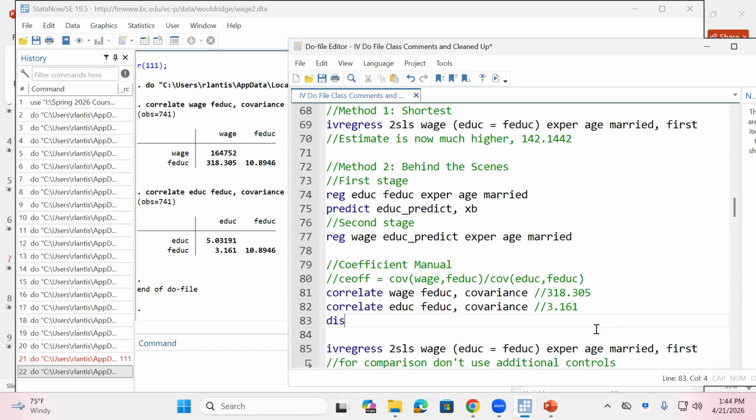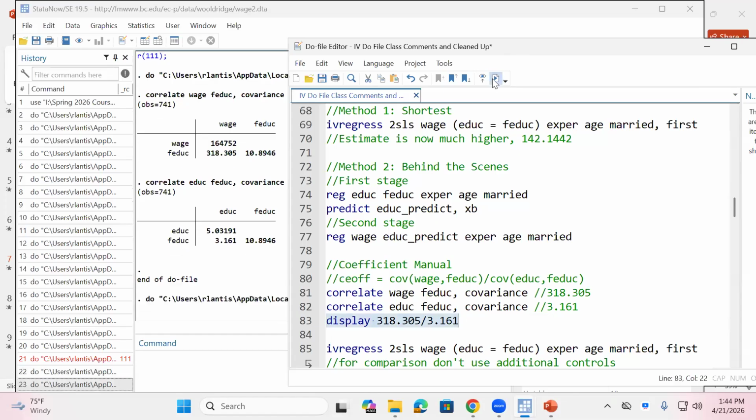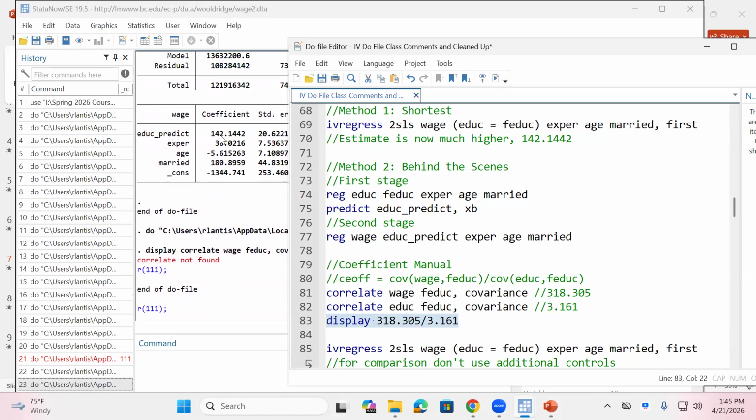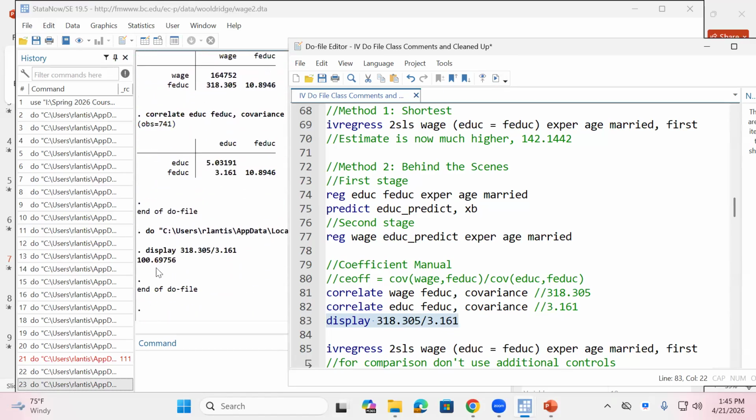To get that coefficient, I take the covariance of y with our instrument, 318.305, and divide by the covariance of the x variable with the instrument, 3.161. If I do that, I get about 100.69. So if I'm using these values rounded to the third decimal, I am going to find something that's a little bit off.